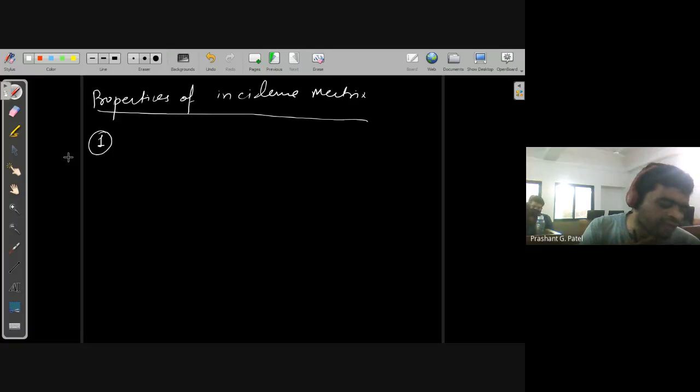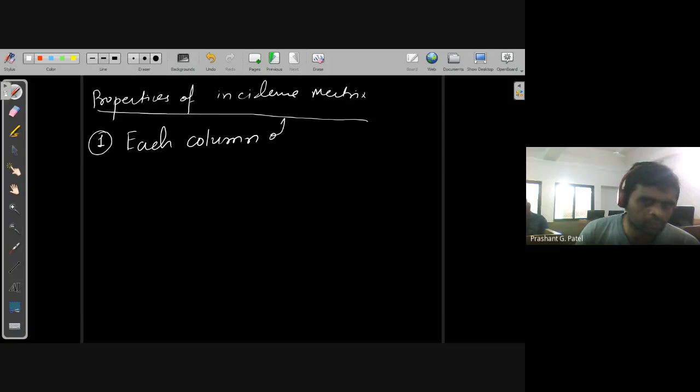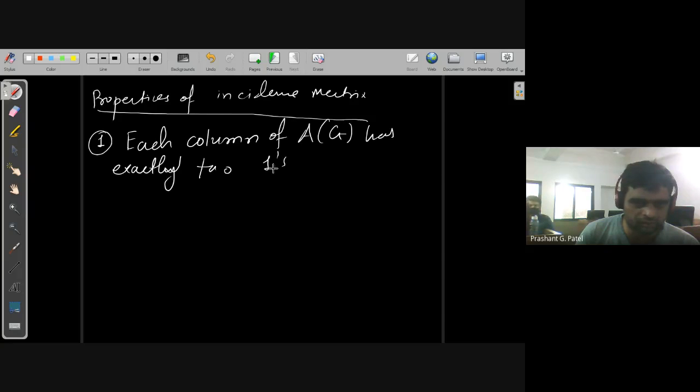First, you should note that every column of A(G) has how many ones? One, two. So each column of A(G) has exactly two ones.